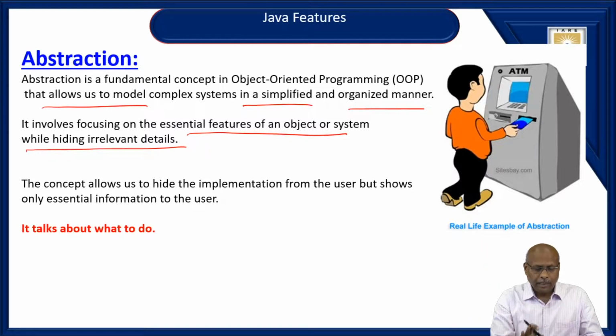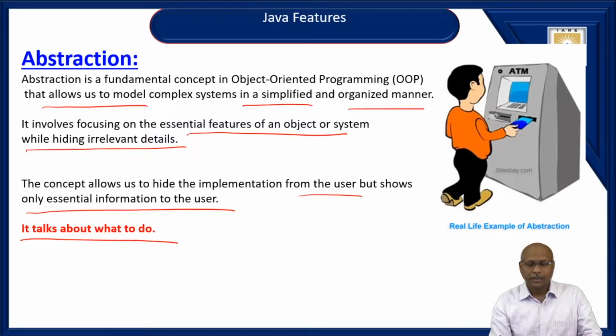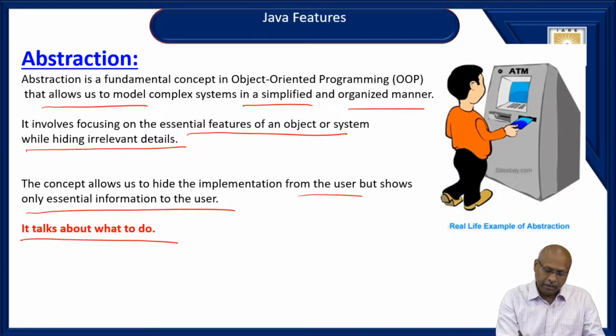For us, we have to think about high level details. The concept shows only the essential information to the user. So it talks about what to do but not how to do it. Abstraction mainly focuses on two things: procedural abstraction and data abstraction.